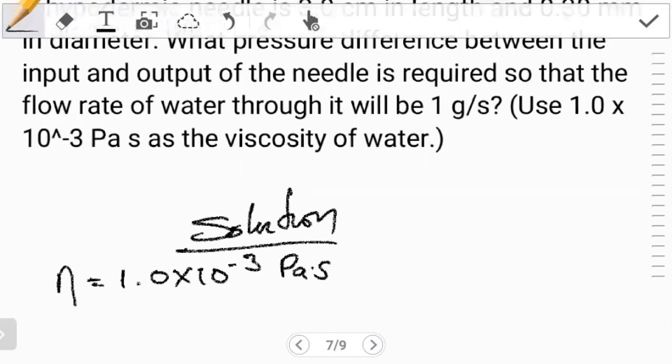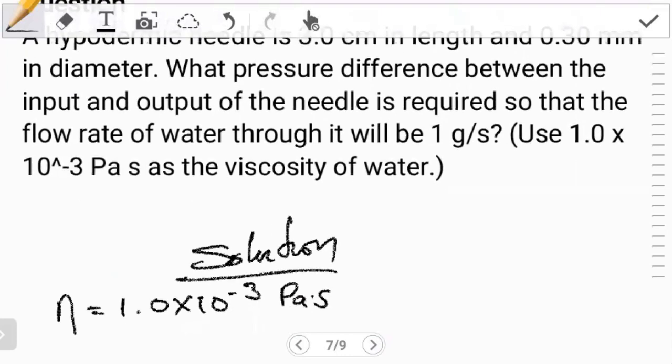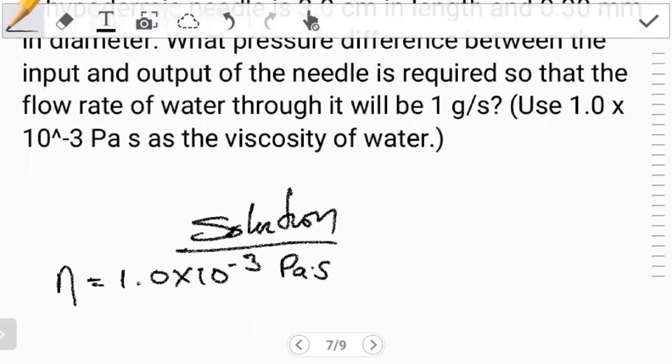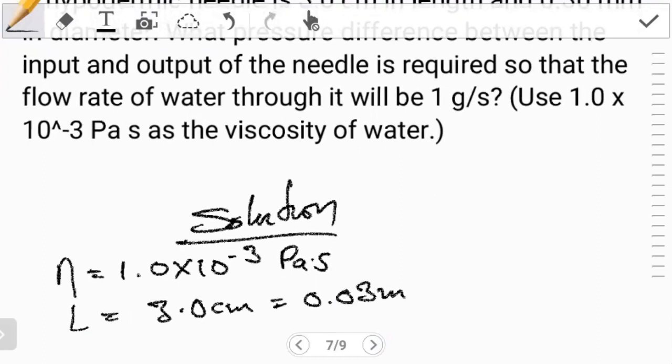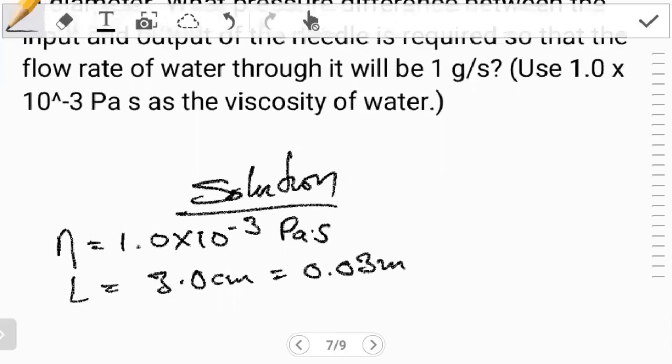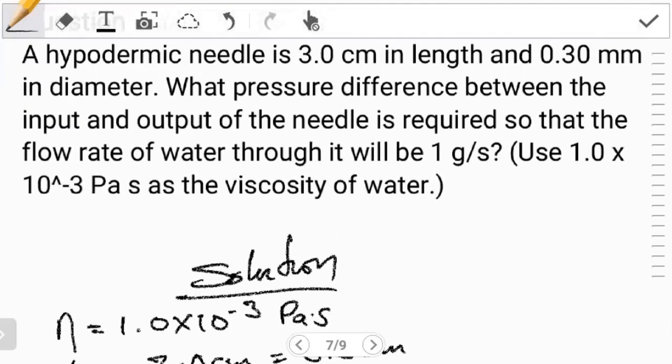Next up, we have the length of the needle. This is L, given as 3.0 centimeters, so in meters this will come out as 0.03 meters. Next, we're told the diameter of this needle.